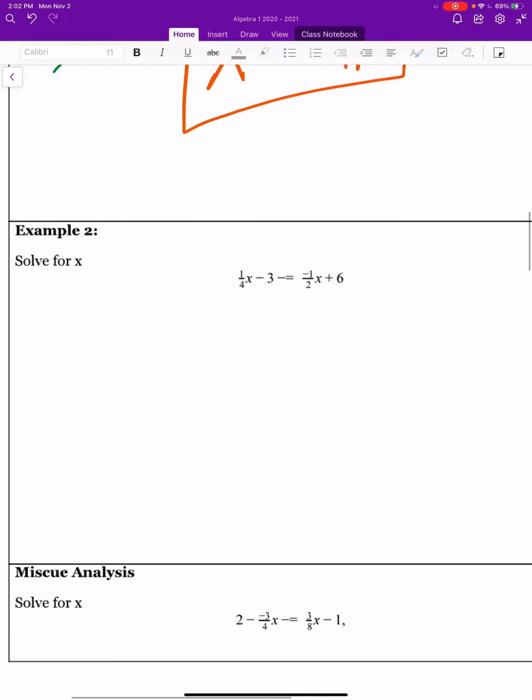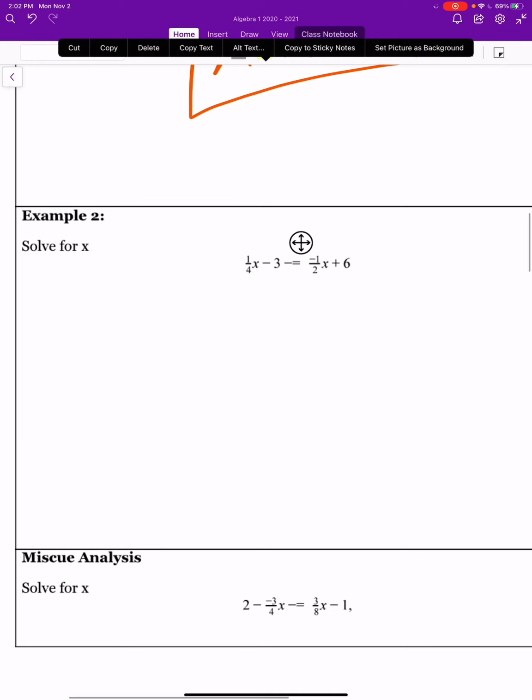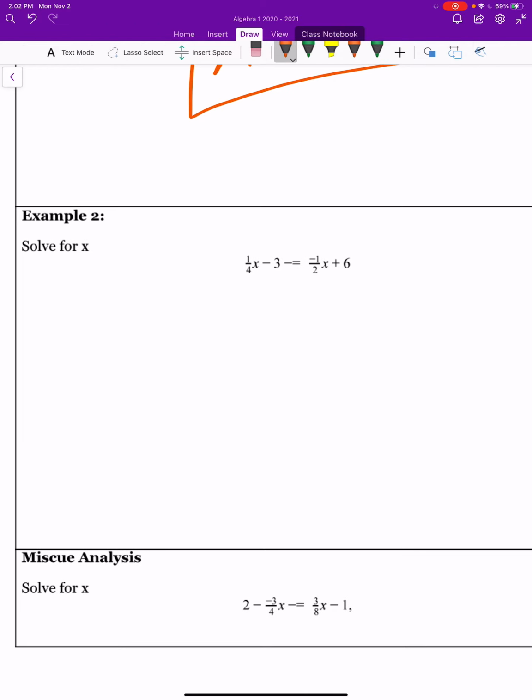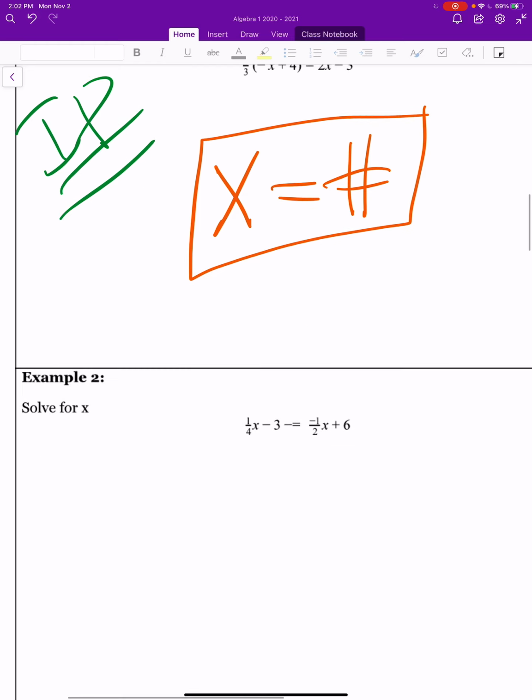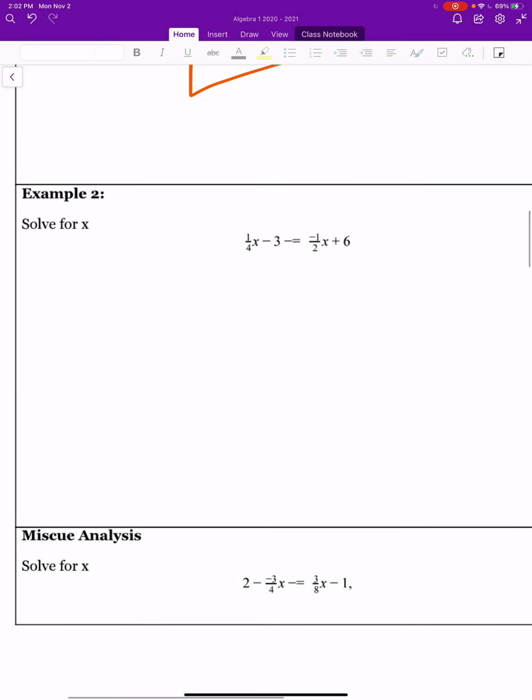Moving forward, example 2. Before, I had one fraction. Now I have 2, and the ultimate goal is to get rid of those denominators because we don't really mess with them. So I look at these 2 denominators and ask myself, how can I eliminate them?